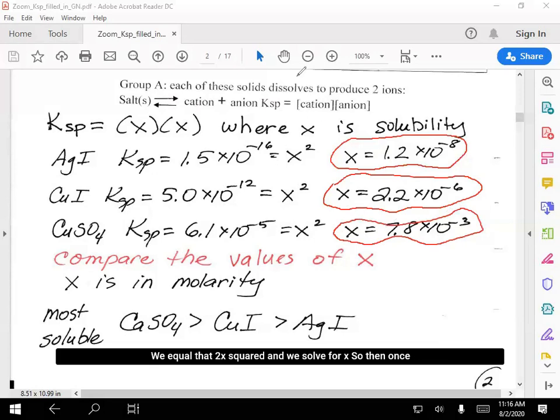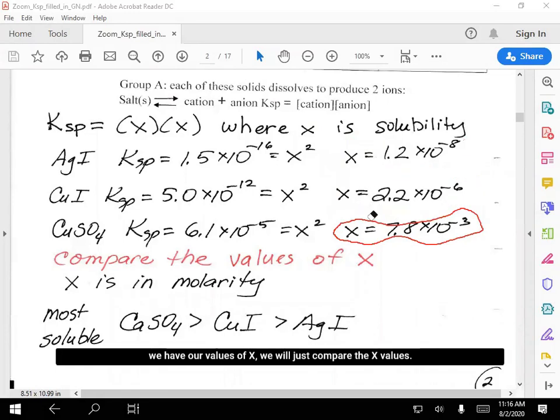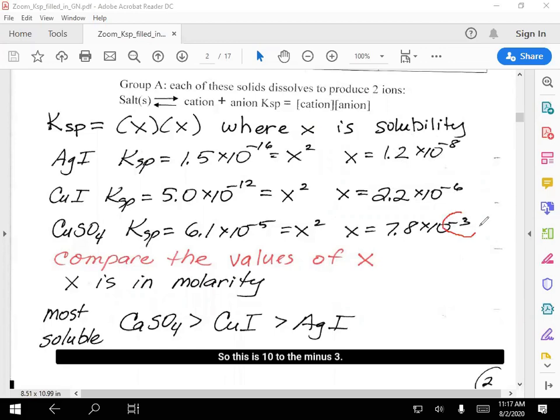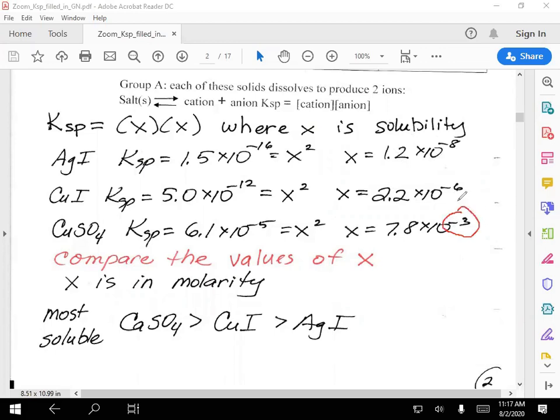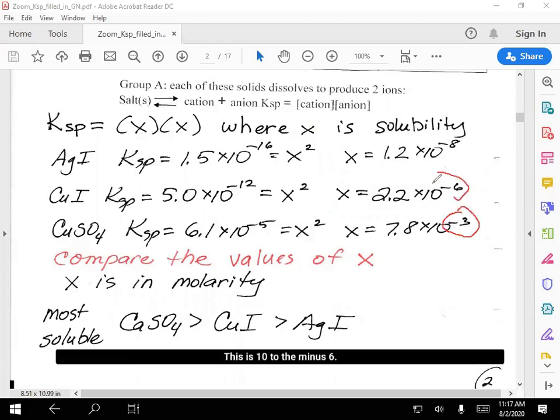So then, once we have our values of X, we will just compare the X values. If you look at the exponents, usually you can rely on the exponents. So this is 10 to the minus 3. This is 10 to the minus 6. This is 10 to the minus 8.